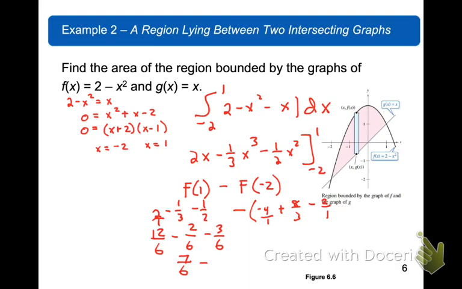Again, I'm going to take 7/6 minus whatever I get here. My common denominator looks like it's 3. So it'd be -12/3 plus 8/3 minus 6/3. -12 plus 8 is -4, minus 6 would be -10/3.